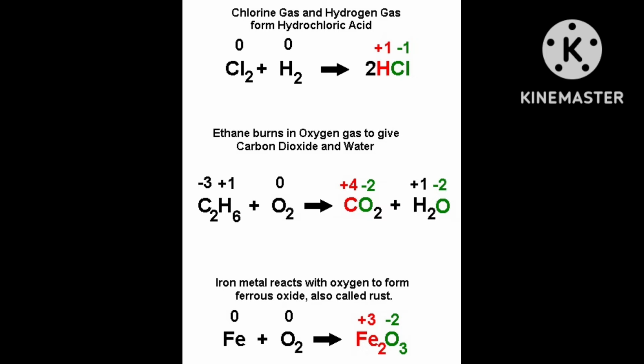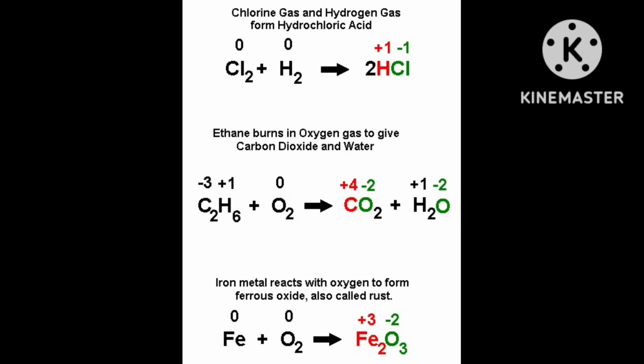This triangle sign tells you that you are heating. So 2KClO3, arrow with a small triangle above meaning heating, gives 2KCl plus 3O2. It is a balanced equation.